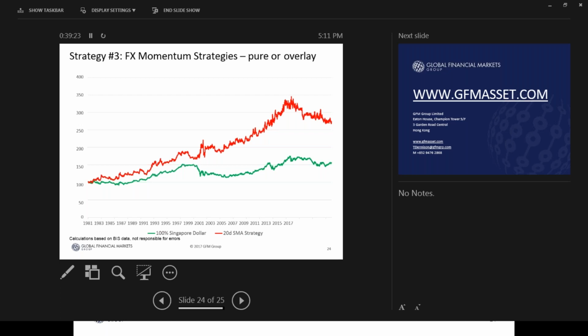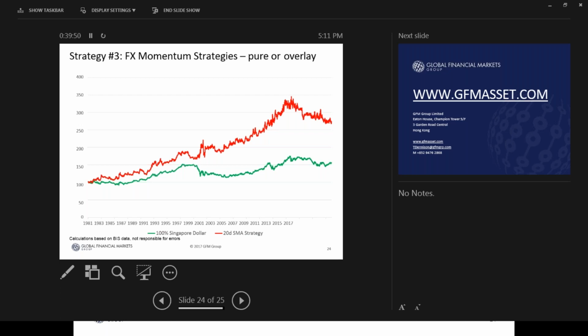But since the global financial crisis, basically since about 2013, 2015, the Sing dollar has been much more range bound. It swung from about 1.25 Sing dollars to the US dollar to about 1.45. And as it's been going sideways, you end up buying high and selling low, which is what destroys a lot of momentum strategies. So that was strategy number 3.